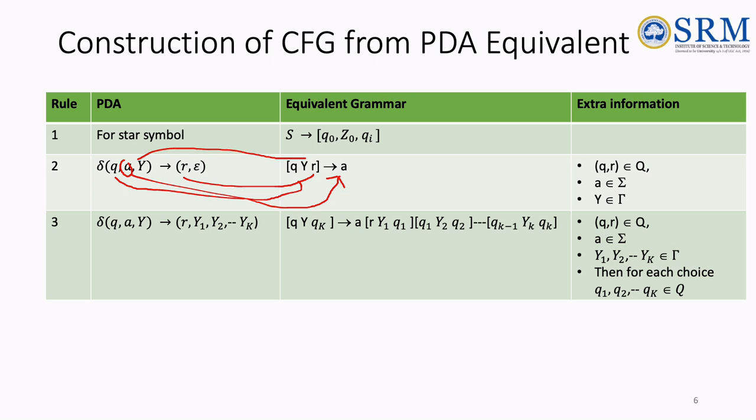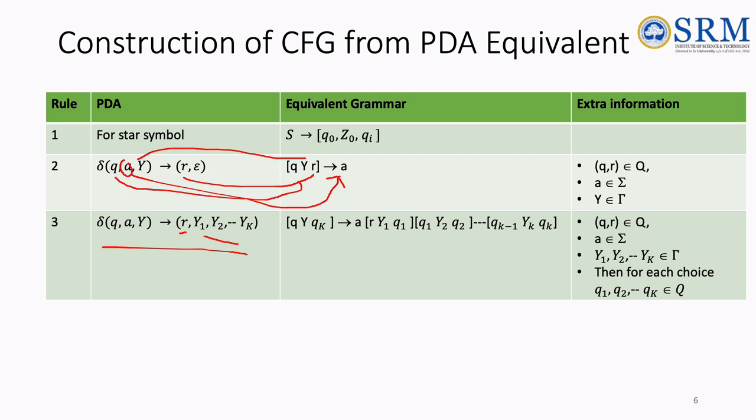Now comes the push. For a push transition, a pushdown automata PDA is represented like this: if you are in a Q state, my input is A, and the top of the stack is Y, then I will go to some other state and push an element.